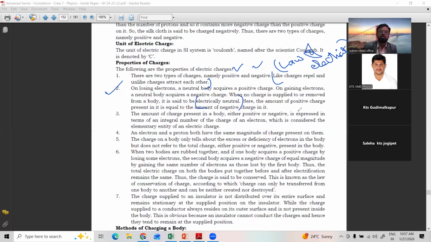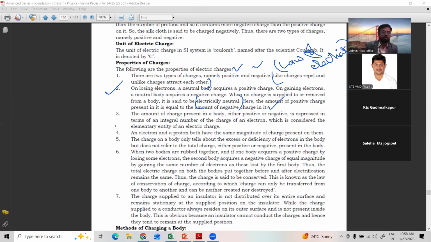The amount of positive charge present is equal to the amount of negative charge present. In any body, when the amounts of positive and negative are the same, the body is said to be electrically neutral. But when they lose or gain electrons, they get either a positive or negative charge.